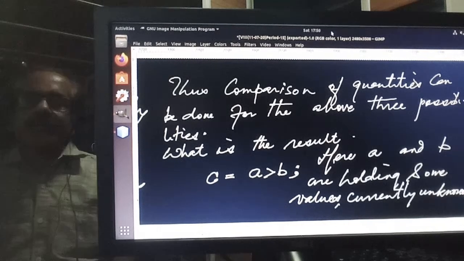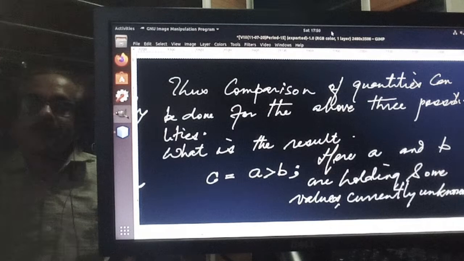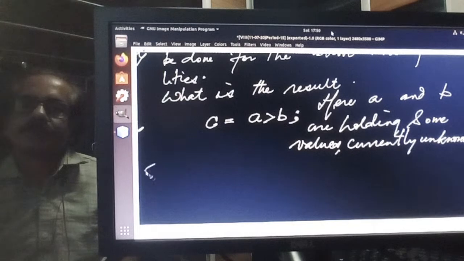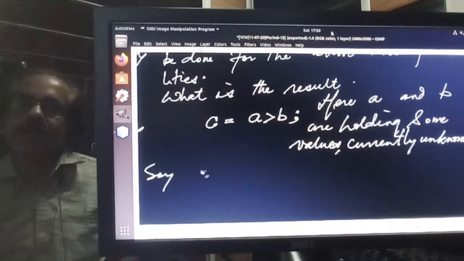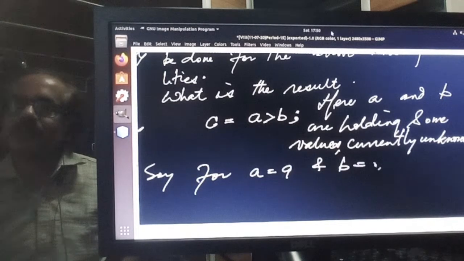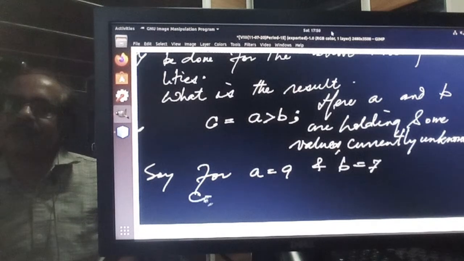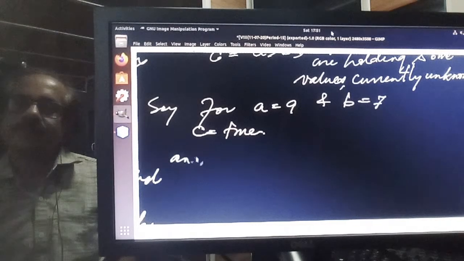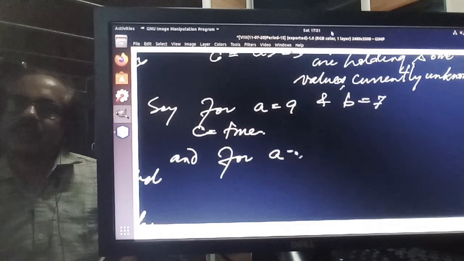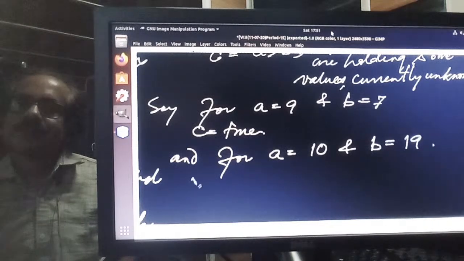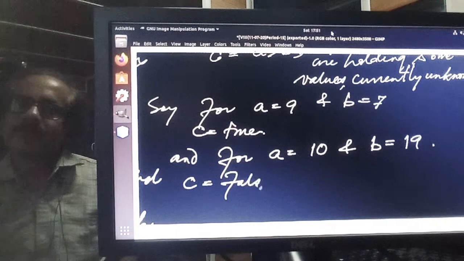So when you are checking this, the result will be either true or false. Suppose for A equal to 9 and B equal to 7, C will be true. And for A equal to 10 and B equal to 19, C will be false.